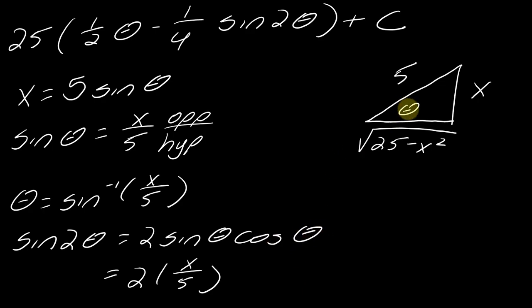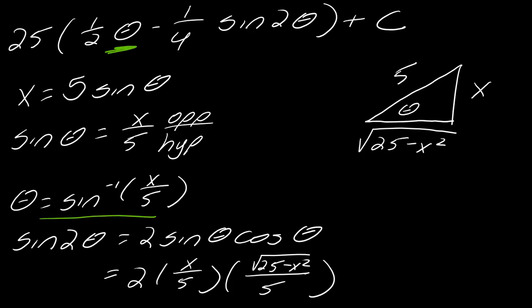Well, here's my theta. Cosine is adjacent over hypotenuse. So here's my adjacent side, here's my hypotenuse. So this will be the square root of 25 minus x squared over 5. So there's all the pieces that I need. Just to recap, for my theta, I'm going to use this, and for my sine 2 theta, I'm going to use all this.